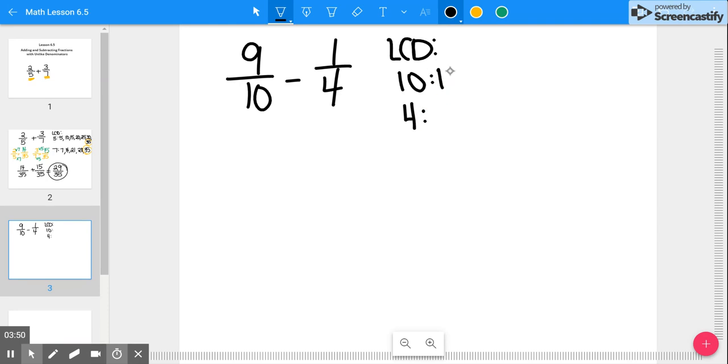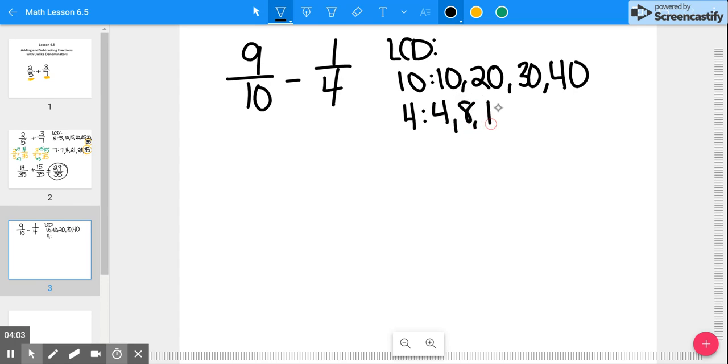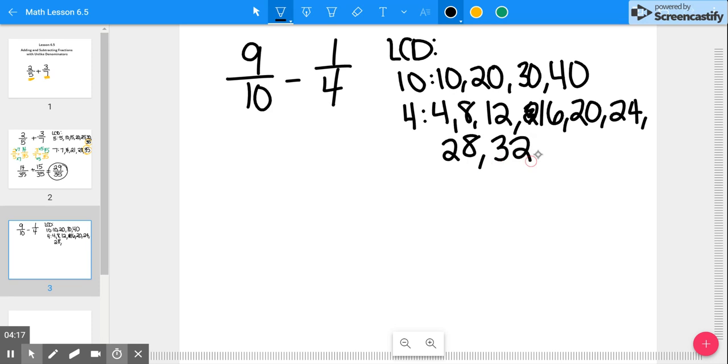10 times 1 is 10, times 2 is 20, times 3 is 30, times 4 is 40. So I'm going to move down here to the 4. 4 times 1 is 4, times 2 is 8, times 3 is 12, times 4 is 16, times 5 is 20, times 6 is 24, times 7 is 28, times 8 is 32, times 9 is 36.